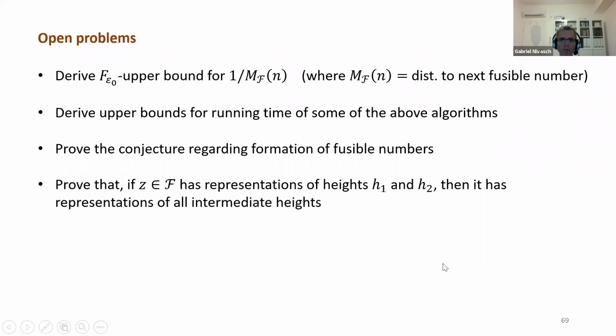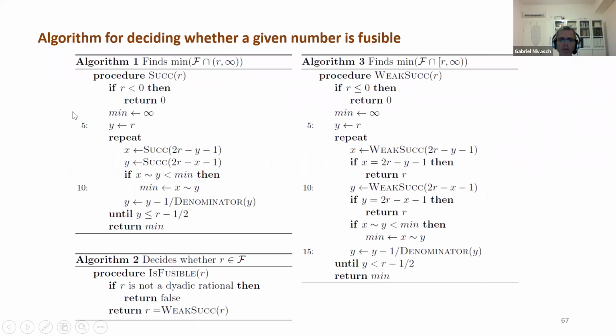So, open problems. As we said, the upper bound for the inverse distance to the next fusible number. Some of these algorithms, let's say this algorithm, for sure takes a long time to run, but for this algorithm we don't know exactly whether it runs quickly or slowly.